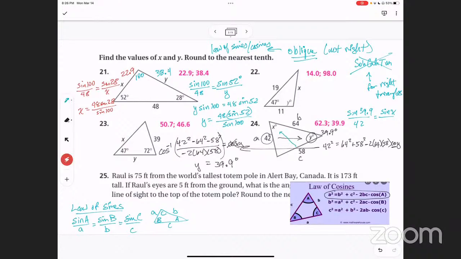Look at the side across from x. What's the side across from x? 58, right? Got it. Okay. And now how do I solve this one for x?